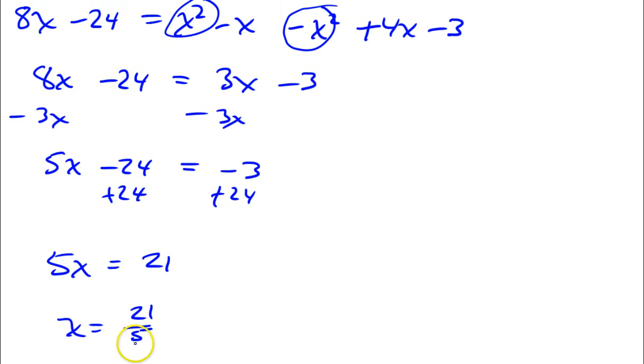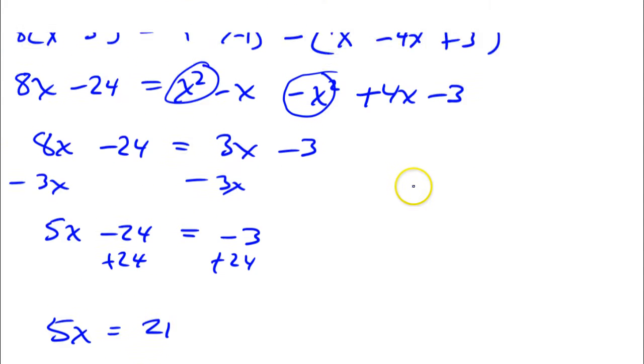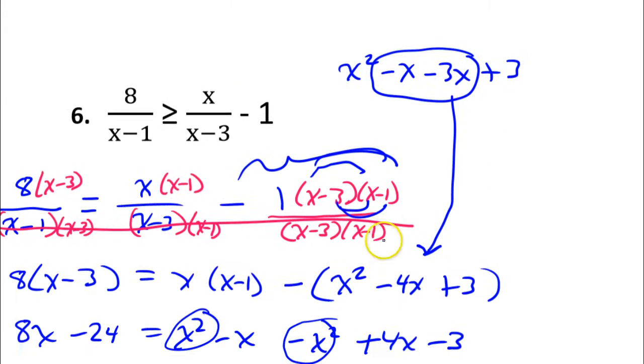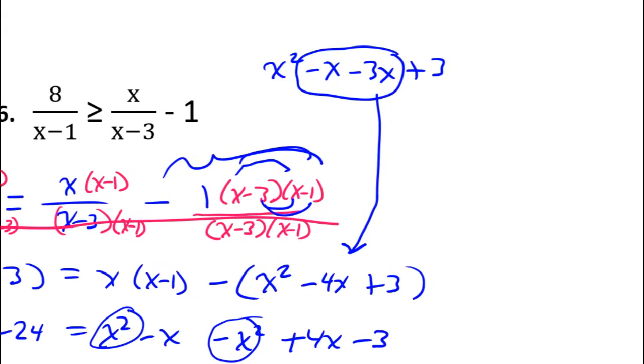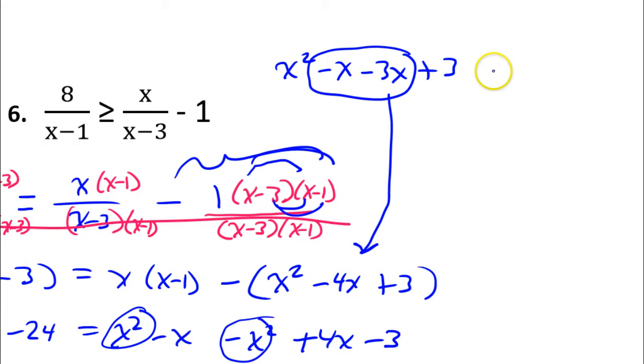So 21/5 will definitely go on the number line. All right, but what else is going to go on the number line?